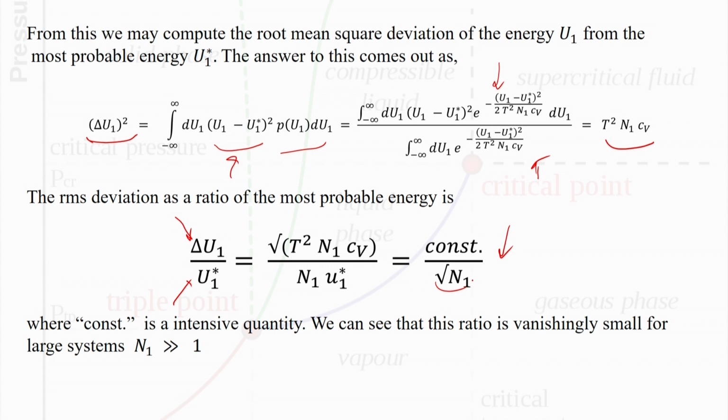So it's important that fluctuations exist, but when you evaluate them, they come out to be heavily suppressed by the number of particles in your system.